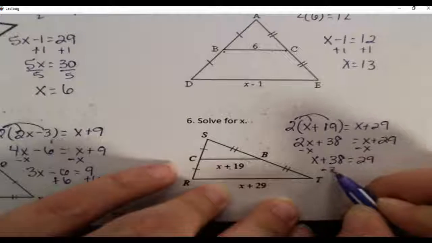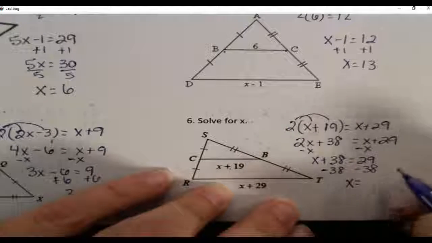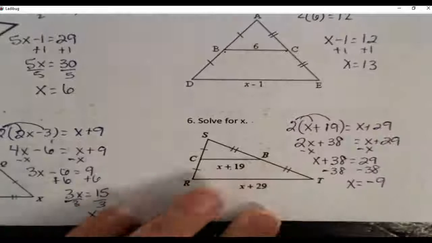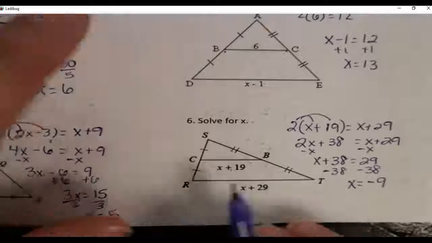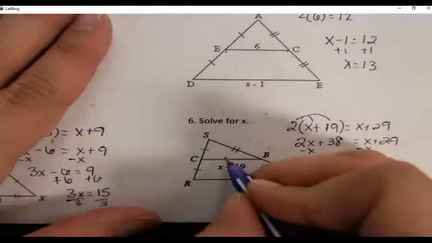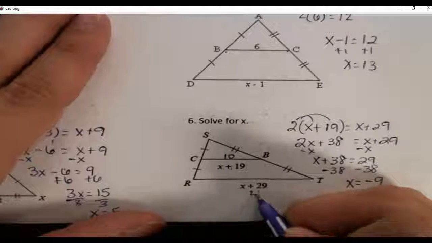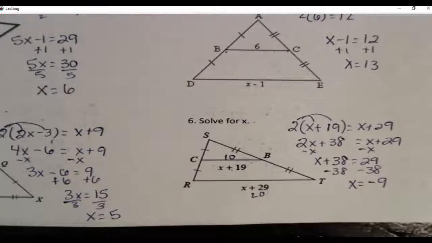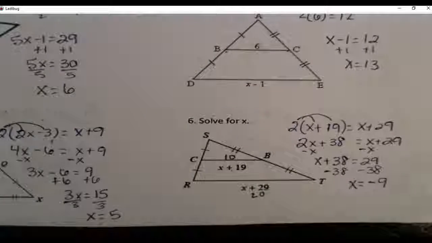And then subtract. So I get x equals negative 9. But then again, if you want to plug it back in, negative 9 plus 19 is 10. Negative 9 plus 29 is 20. And we know 10 is half of 20. Questions?